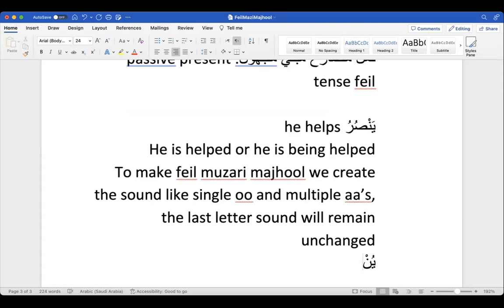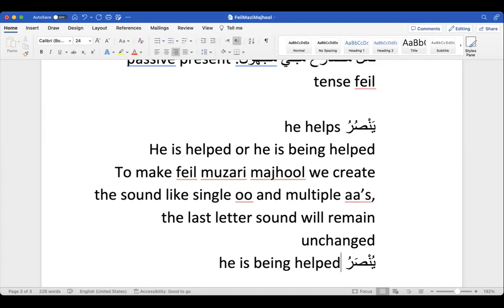Wherever there is sukoon, it will remain like that. So the dhamma sound will now become a fatha, and the last will remain the same. Yunsaru. So Yunsaru means he is being helped.